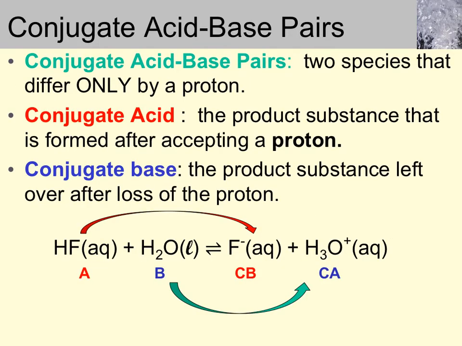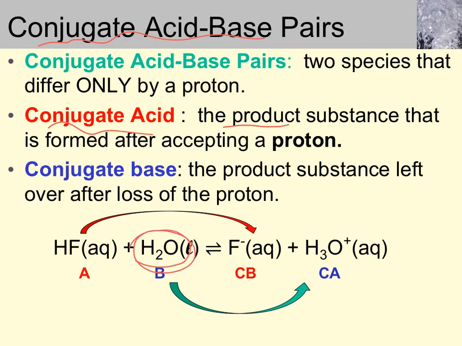All right, so here's the first important concept with acids and bases, and it can get a little tricky: understanding what conjugate acids and bases are. I'm going to give you the definition, and it probably won't make a lot of sense until you see examples. A conjugate acid is the product that's formed after a base accepts a proton. So let's look at that for a minute.